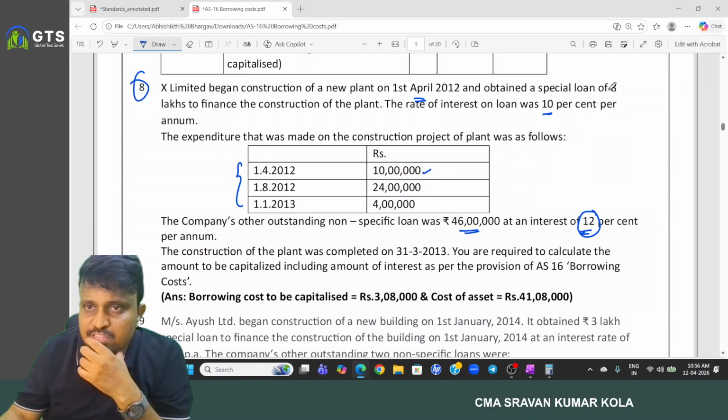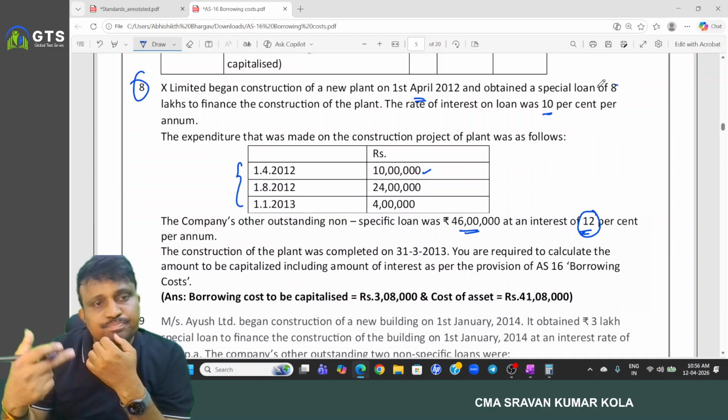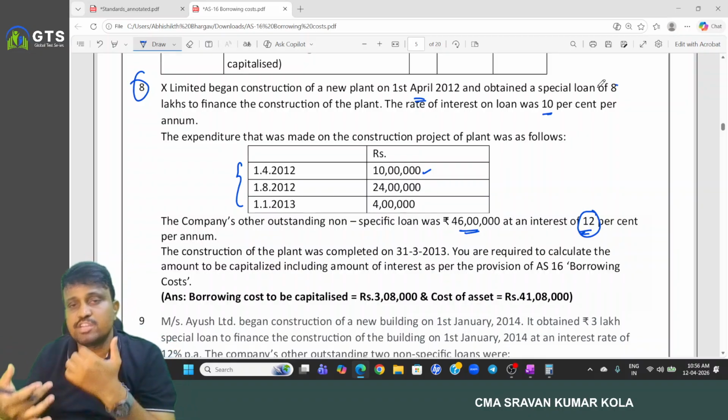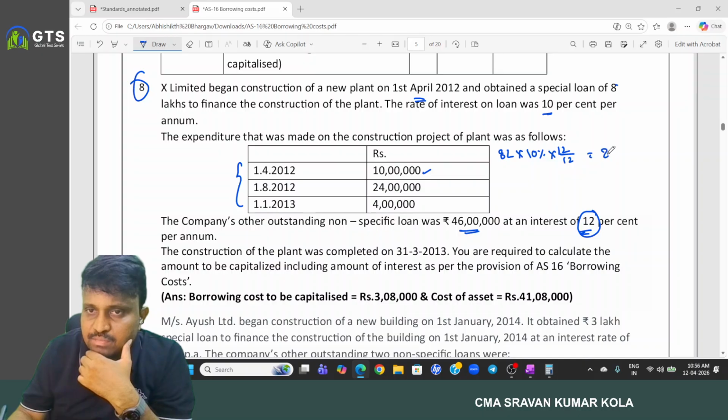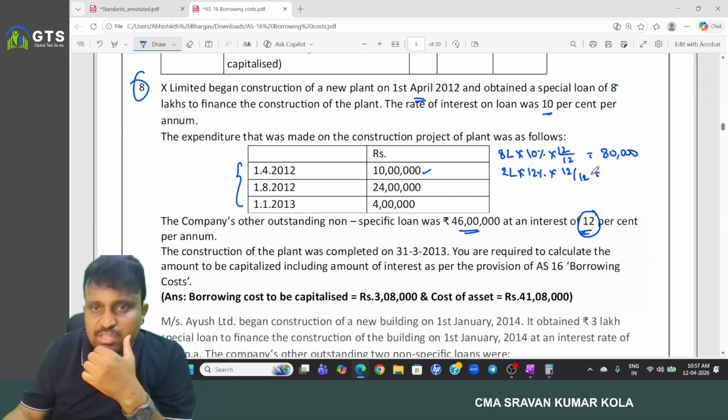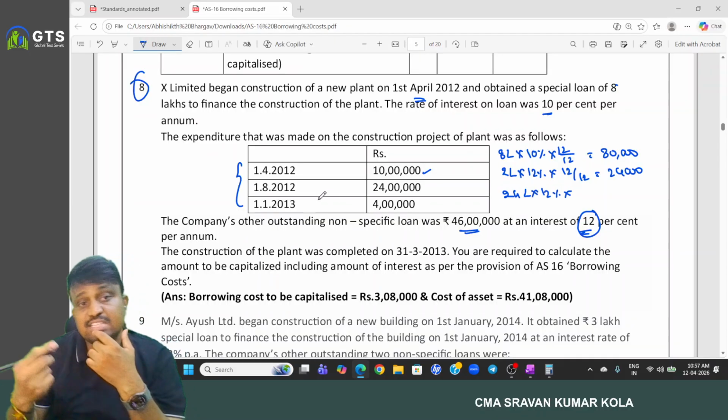Out of the 10 lakh, first 8 lakh we consider as specific borrowing and the remaining is treated as general borrowing. So 8 lakh into 10% into 12 by 12, and the remaining 2 lakhs into 12% into 12 by 12.